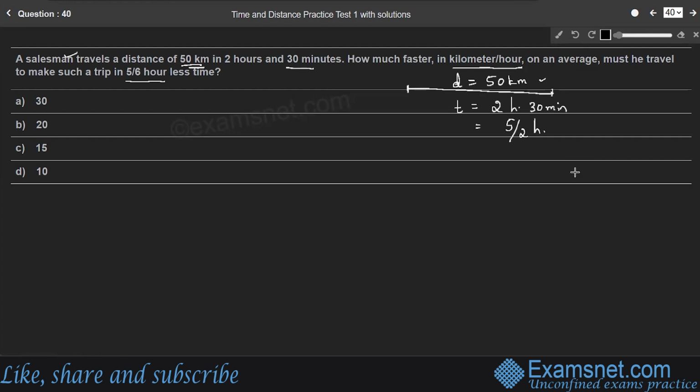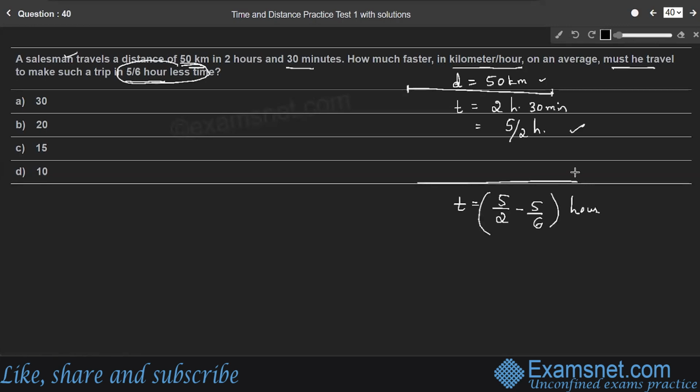Here the question is, to travel the same distance, if the time is 5 by 6 hour less compared to the previous time, in the second case the time is 5 by 2 minus 5 by 6 of 1 hour.